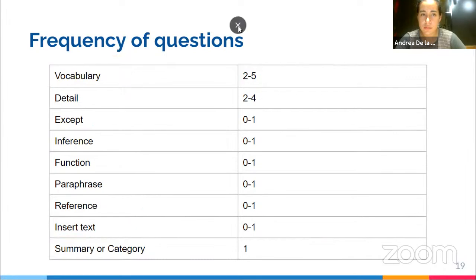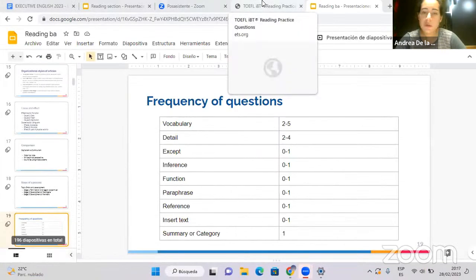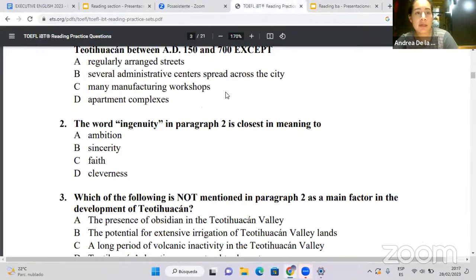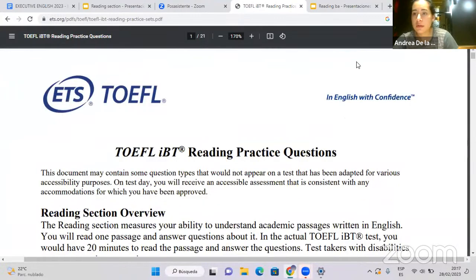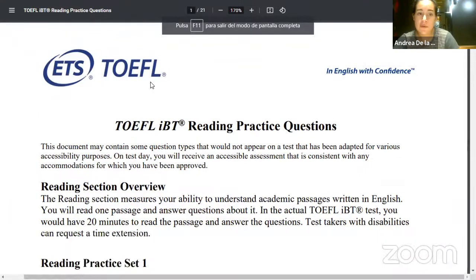Okay, guys. So we're going to start right off looking at the types of questions, but we're going to do so by looking at an example. So I'm going to go here. This is a sample set from the ETS itself. It's official from the ETS.